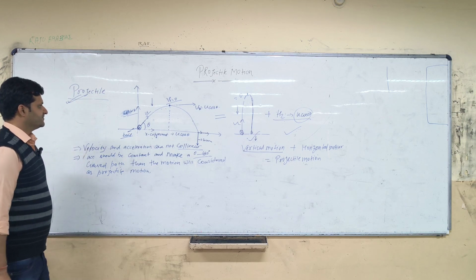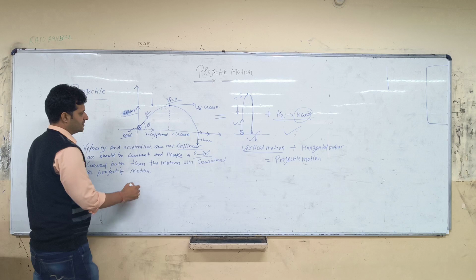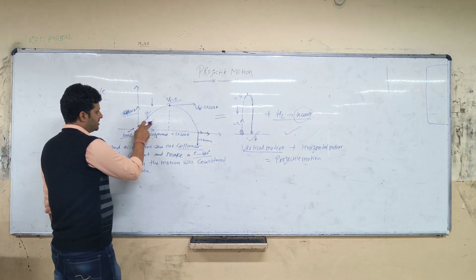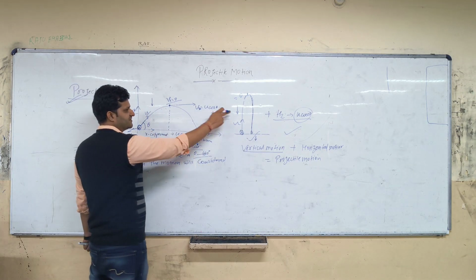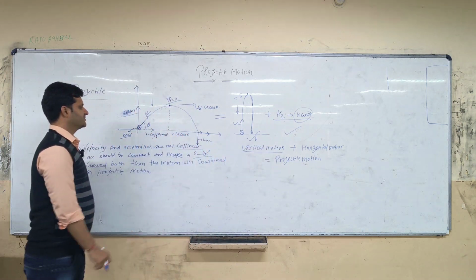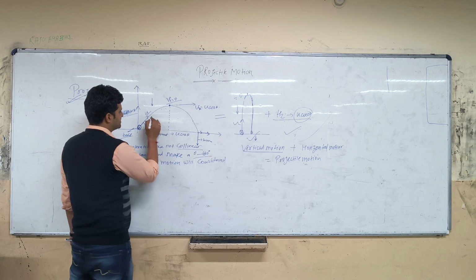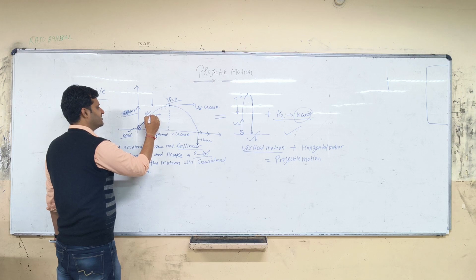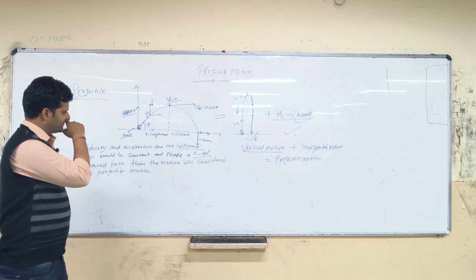So basically these are the illustrations. In vertical motion, if you compare with projectile motion, you will find a similar concept. But with respect to horizontal motion, this u cos theta value always remains the same. Suppose I take time t, what is the value of this velocity?